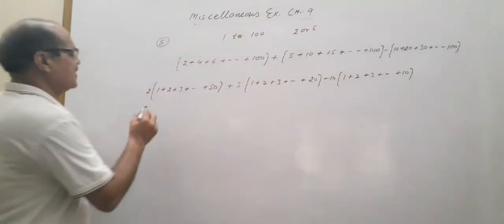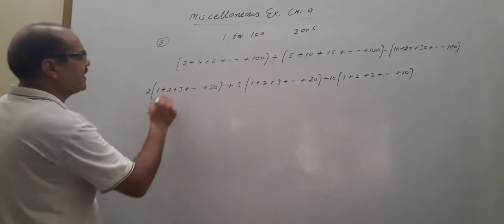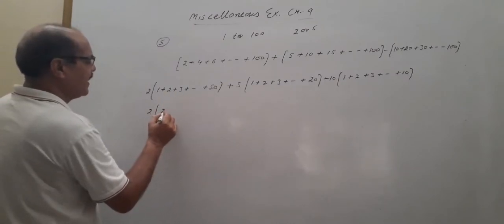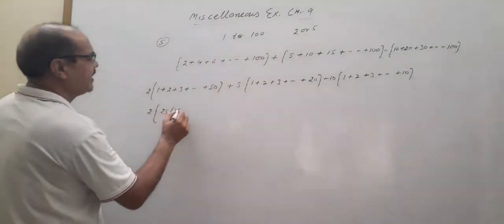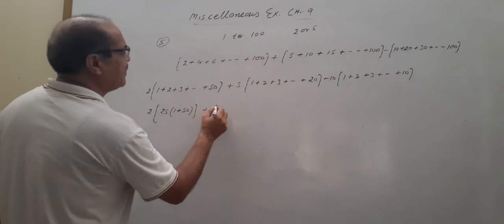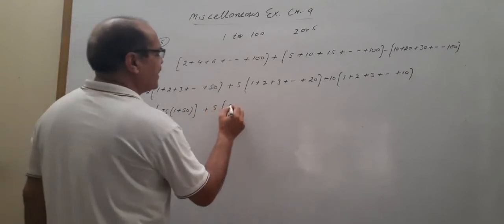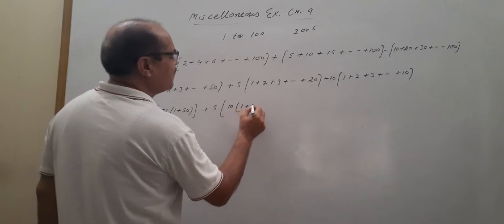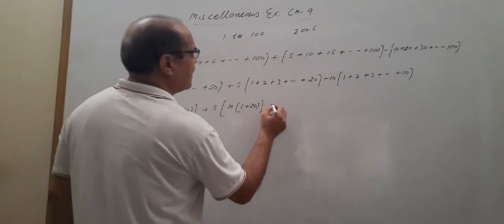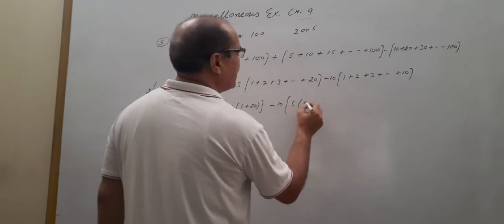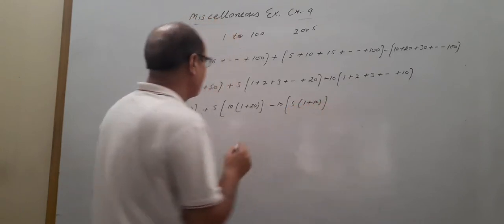Now solving this by getting the formula of sum, the sum of 50 terms, you know that 50 by 2, that is 25, and 1 plus 50, a plus l, and 5 outside, that is n by 2, means 20 by 2, that is 10, and 1 plus 20, a plus l, and minus 10 outside, that is 10 by 2 means 5, then 1 plus 10.